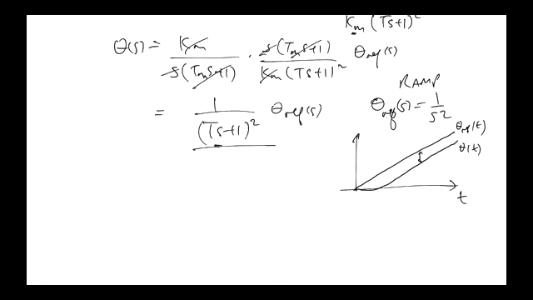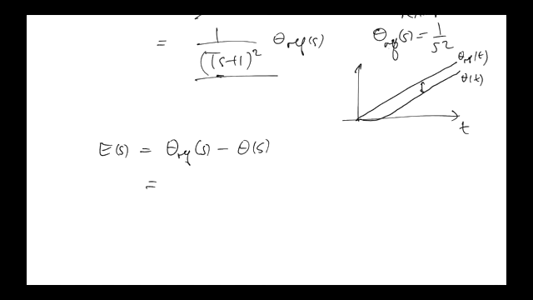All right, so what does that error look like? Well, it looks like it should go to a constant value, right? So if you write down what the error signal is, well, the error signal in the Laplace domain is just the difference between the reference and the actual signal, all right? So that's going to be 1 minus 1 on ts plus 1 squared times theta ref, right?